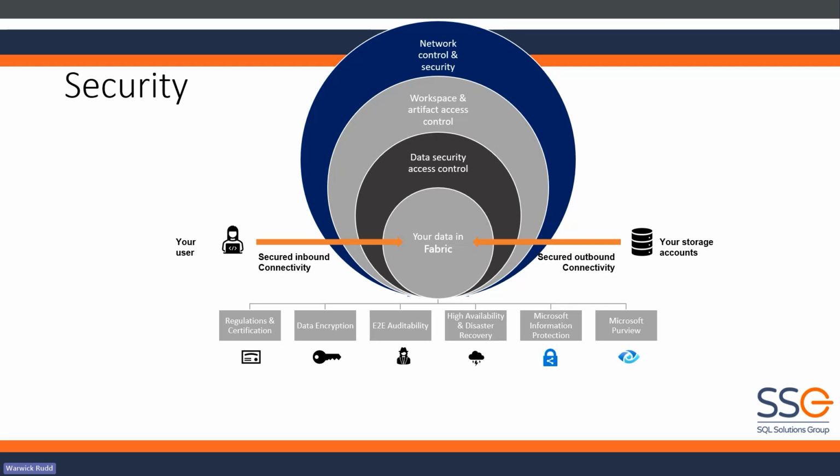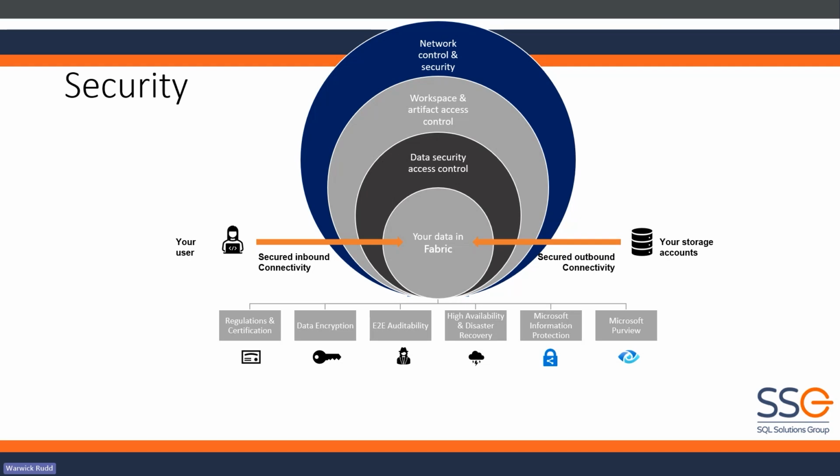Okay, now depending on what region you're in may dictate what features you can have access to. Now, the big one, if you want to have a look at, is Fabric SQL database, for example. It's not supported in every region. If your tenancy is not in a region that supports that, that can be problematic at this point in time.